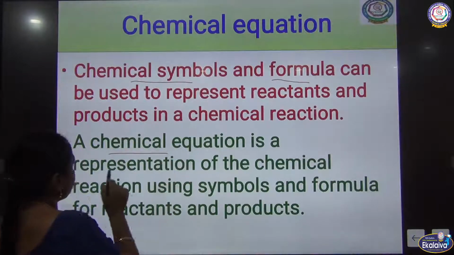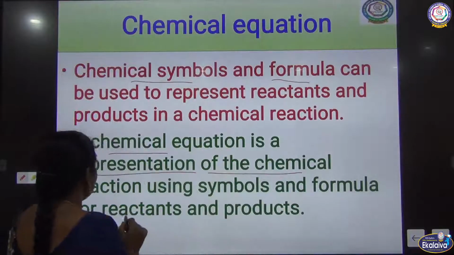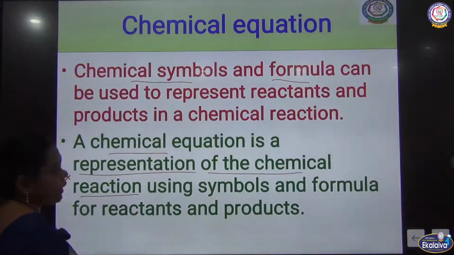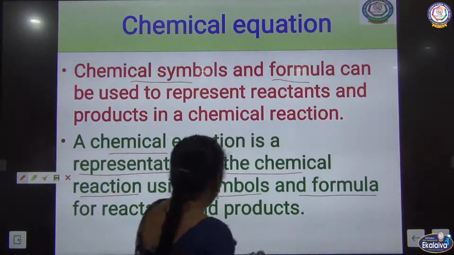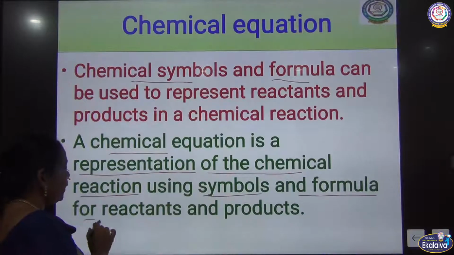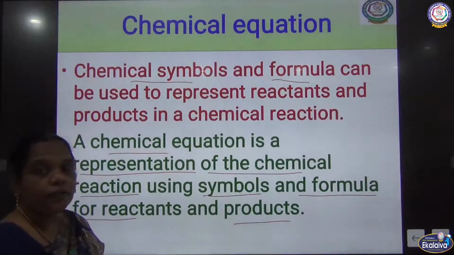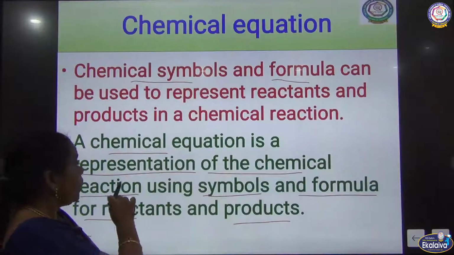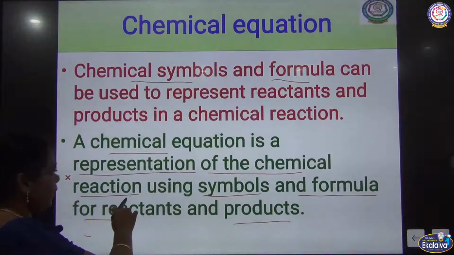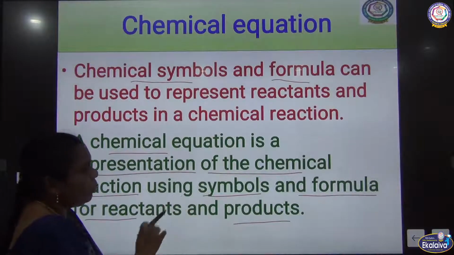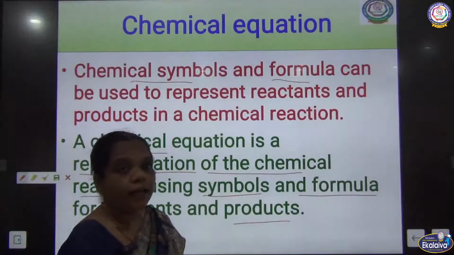A chemical equation is a representation of a chemical reaction using symbols and formulas for the reactant and the product.